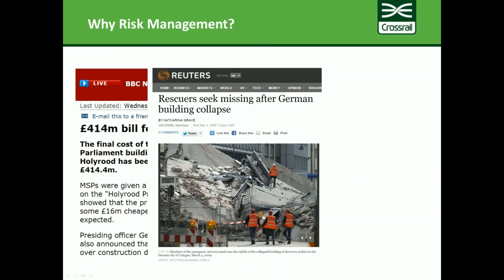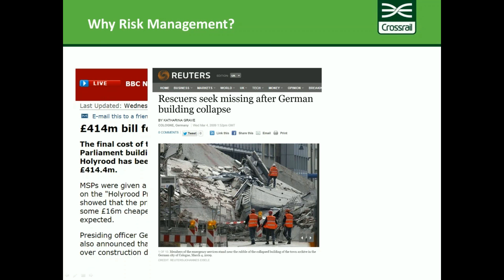This was an example from around 2009, when the project went into its delivery phase and started mobilising up. A tunnelling project for the metro in Cologne, Germany, had a catastrophic collapse, and the city lost its archive building, a significant building containing the city's archives from hundreds of years, when it collapsed as a result of the metro work.